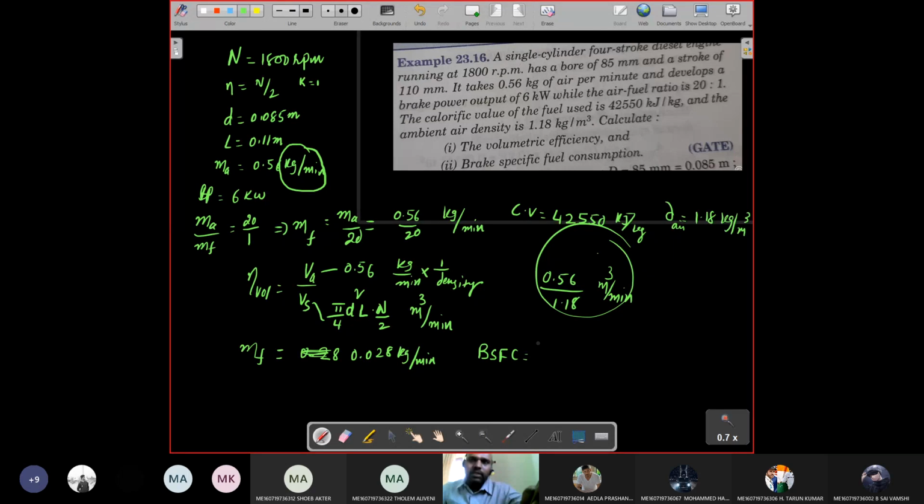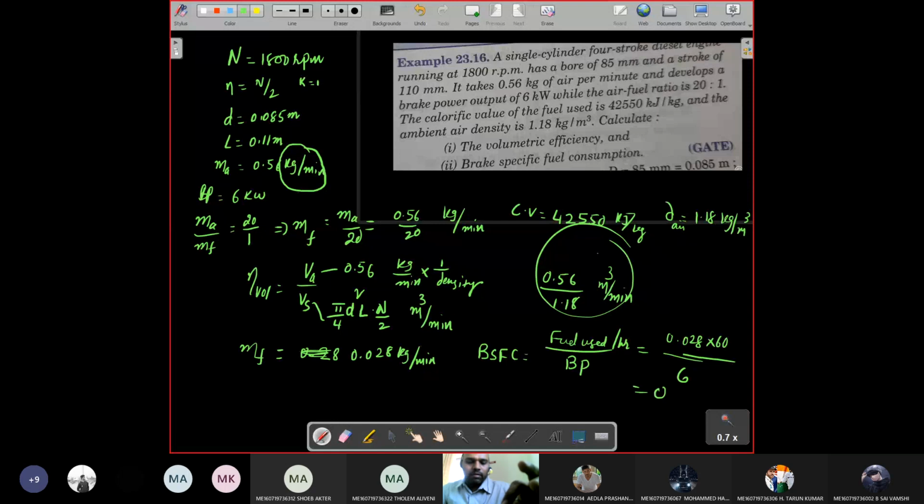Specific fuel consumption is how much fuel we are using per hour in order to generate 1 kilowatt power. Means I can say fuel used per hour to get 1 brake power. So that is equal to 0.028 into 60, to convert into hour, divided by BP, which is already given, 6 kilowatt.